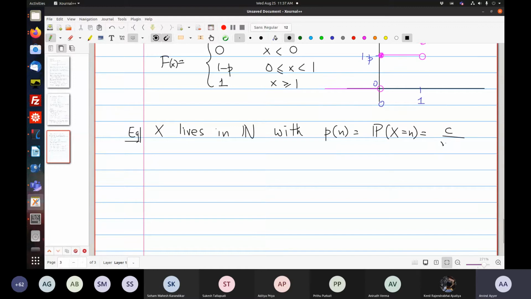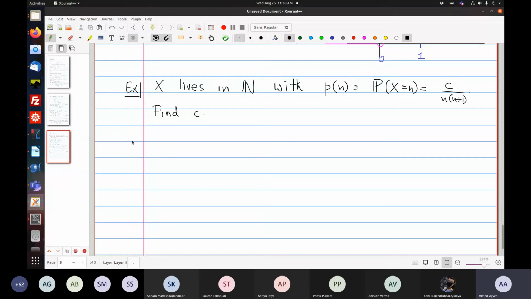This is C by n into n plus 1, some constant divided by n into n plus 1, and I ask you to find C. Maybe I leave it as an exercise. This is a non-trivial infinite, countable discrete random variable. It's not hard. Maybe you can do it in your mind.